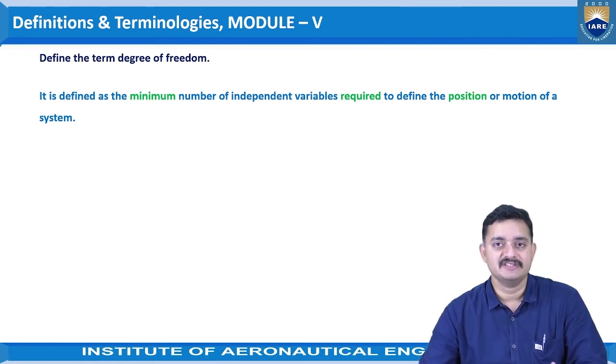So for defining a system, the minimum number of variables that are required is called the degree of freedom. The definition says it is the minimum number of independent variables required to define the position or motion of a system.